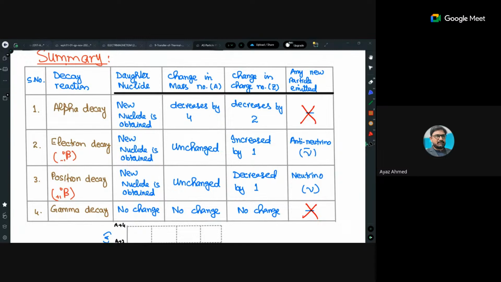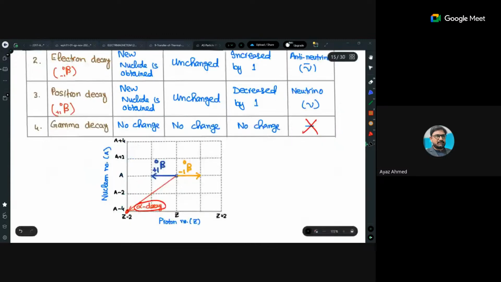That is one reason behind them: they are generated to balance the reaction. Okay, got it? Maybe I will be able to explain in detail, but I think it would be beyond this, and I will try my best to discuss that in another class for neutrinos and antineutrinos, because there is a summary of the particles.